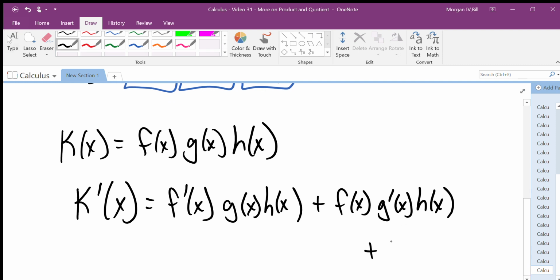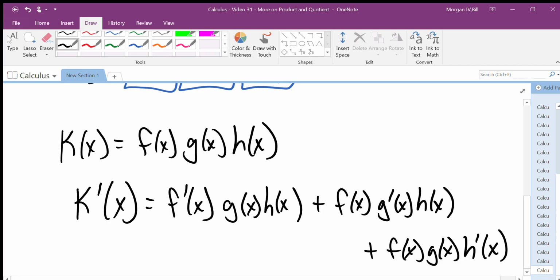Plus, the third time, the f and g stay, and the h gets the prime. Basically, one of the functions gets the derivative multiplied by the other functions' non-derivatives each time, and those terms get added together. So we have f prime times g and h, plus g prime times f and h, plus h prime times f and g. And that is the product rule now with three functions.